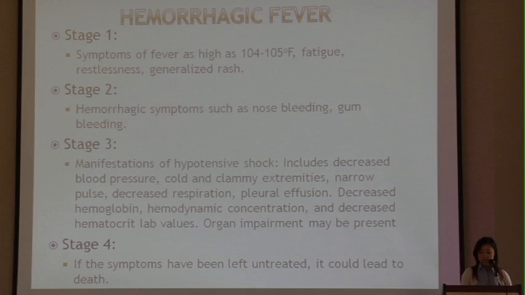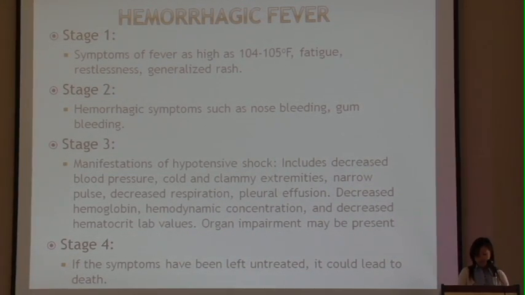So there are different stages of dengue hemorrhagic fever. Stage 1, symptoms of high fever as high as 104 to 105 degrees. You'll see fatigue, restlessness, and generalized rashes. Stage 2, you'll see the hemorrhagic symptoms such as nose bleeding, gum bleeding, stuff like that.